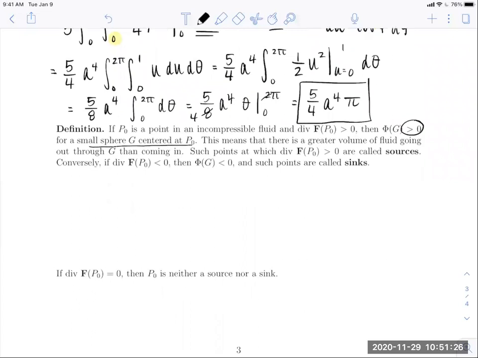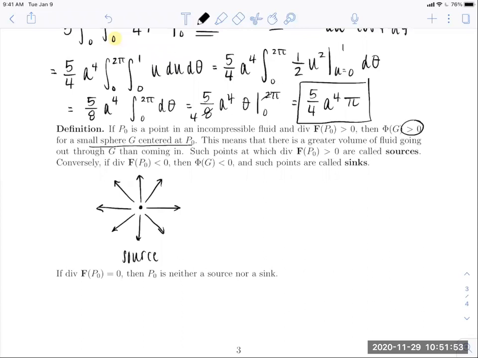So let's draw a little schematic here. What would a source look like? You can think of this as where things are emanating from. So I have a point here, and then I'm just going to draw some vectors pointing away, emanating from that point. I'll label this as a source.